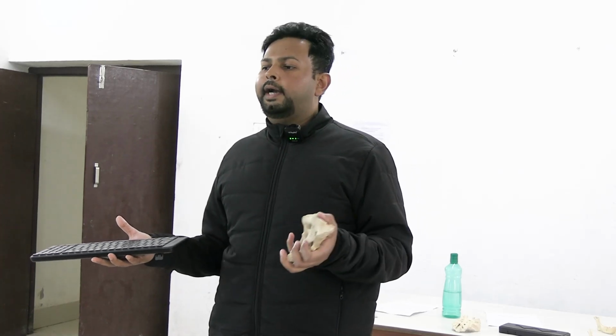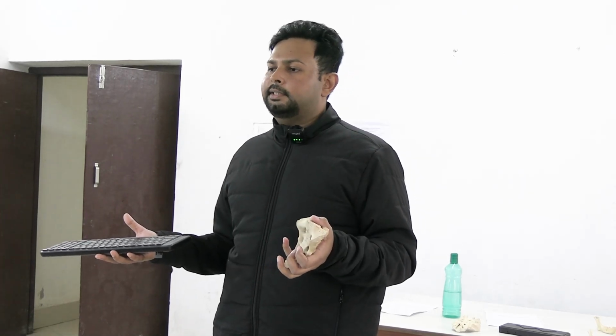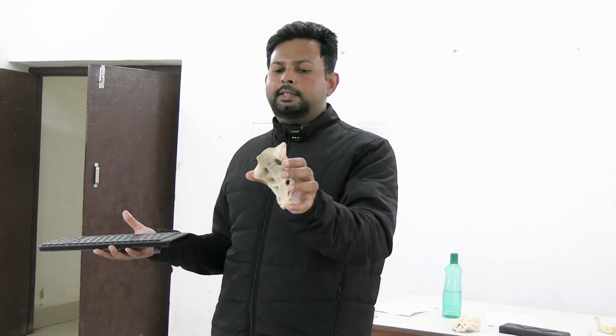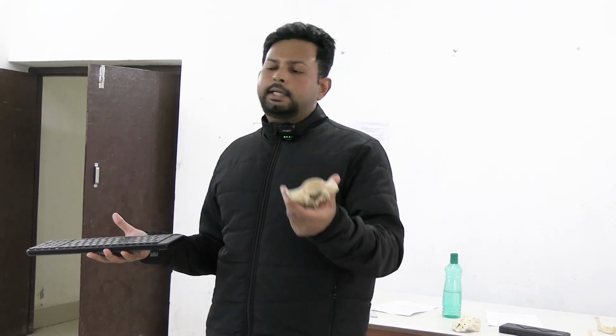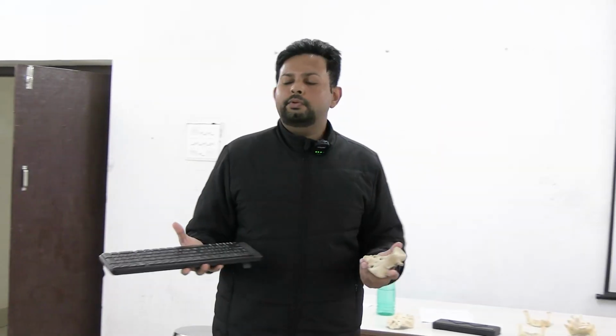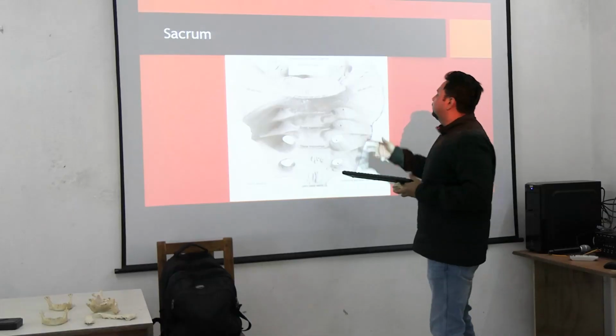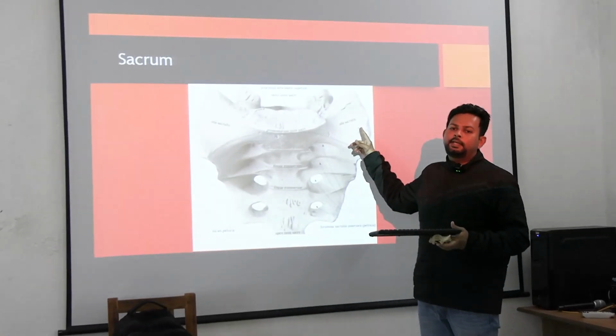So how will you determine the sex? Suppose a sacrum is given to you, and you have to find the sex and determine the age. First you have to know a few anatomical structures. As you can see, this is the ala. Ala means wings.